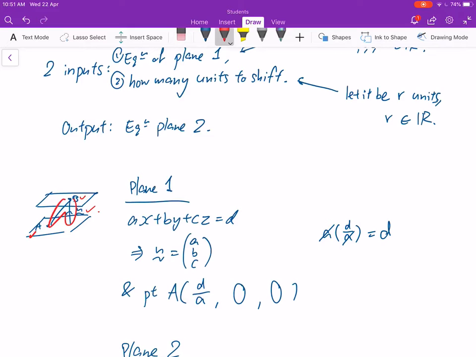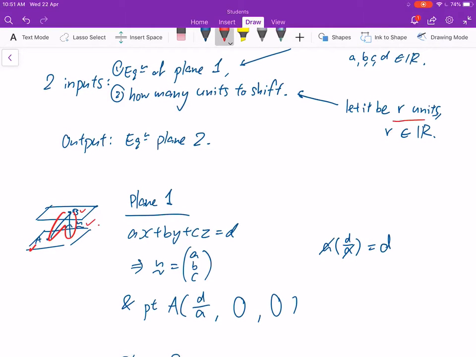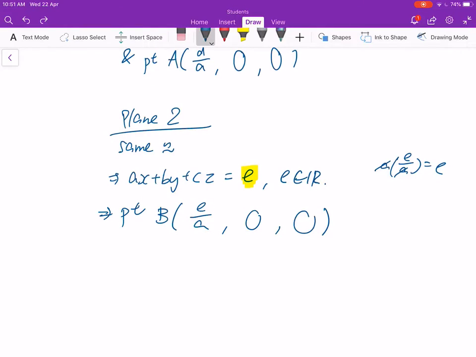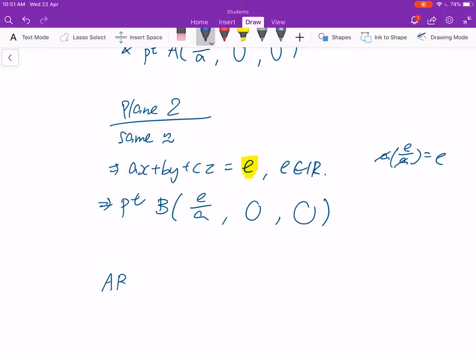And we know that it is R units to shift. So let me put them all together. R units, not 1 anymore. 1 is the previous question, now it's R. Okay.